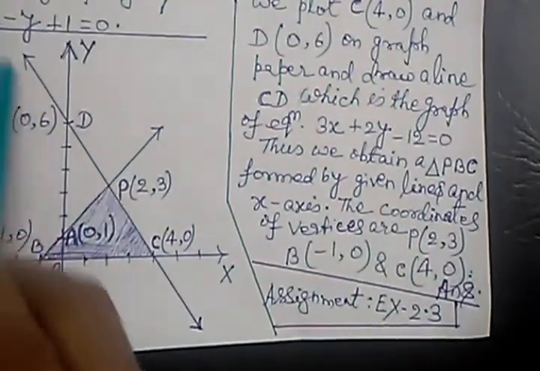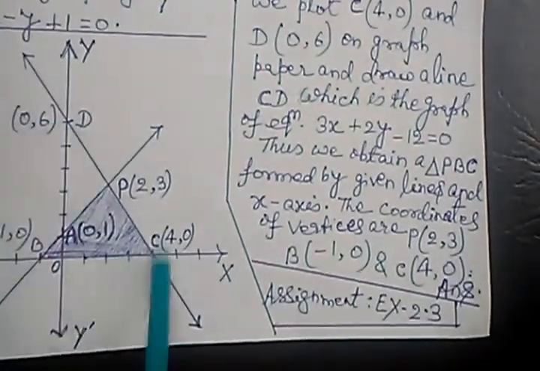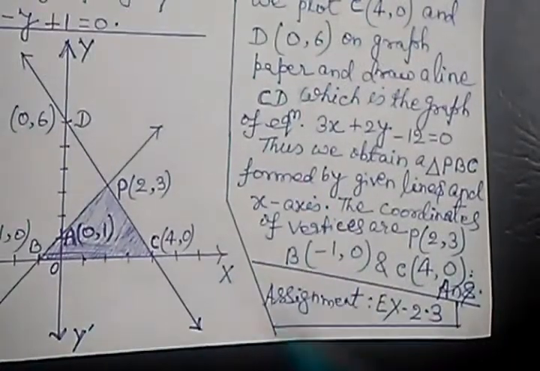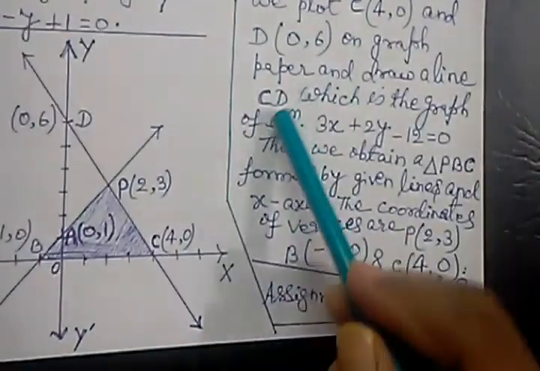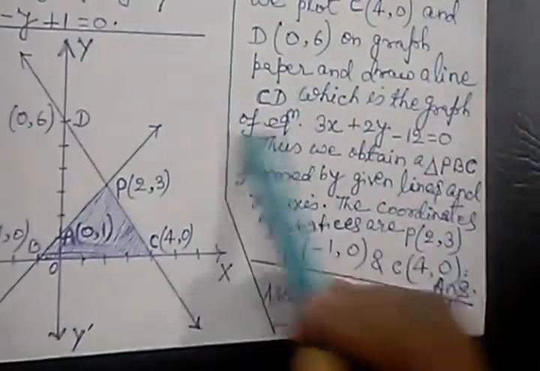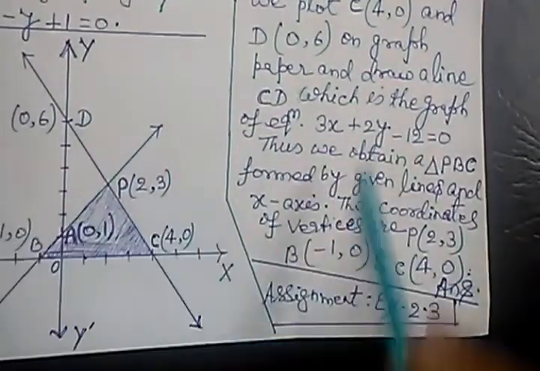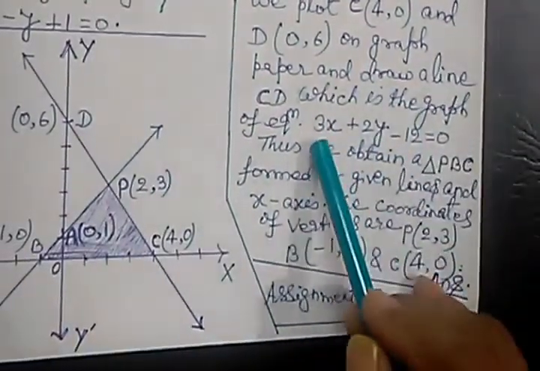So we draw a line passing through these two points. Thus CD is the graph of the second equation, 3x plus 2y minus 12 equal to 0.